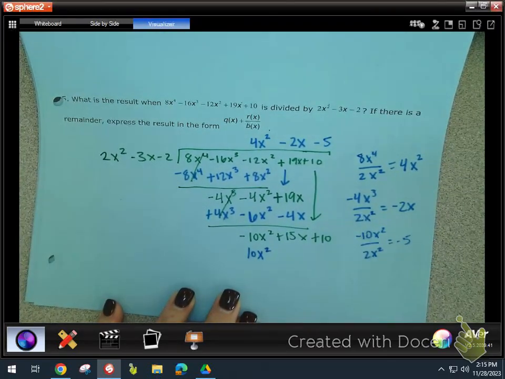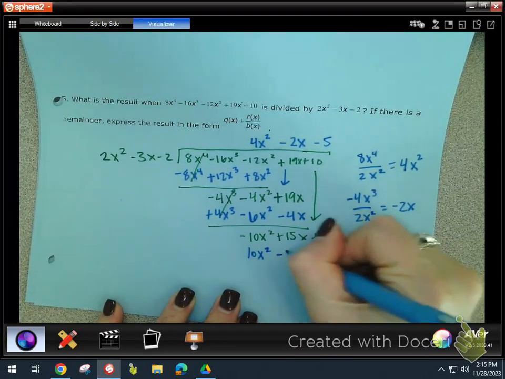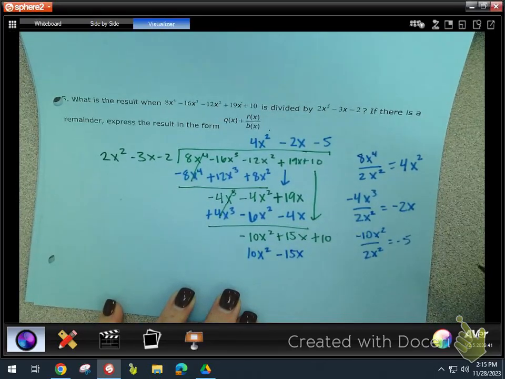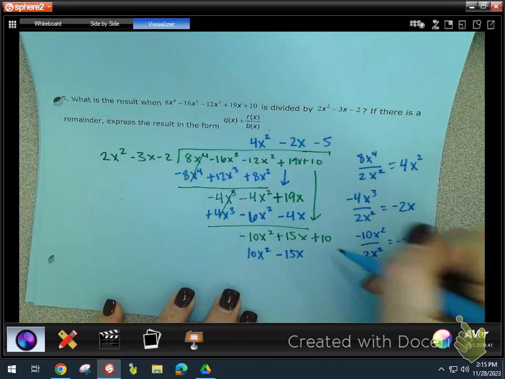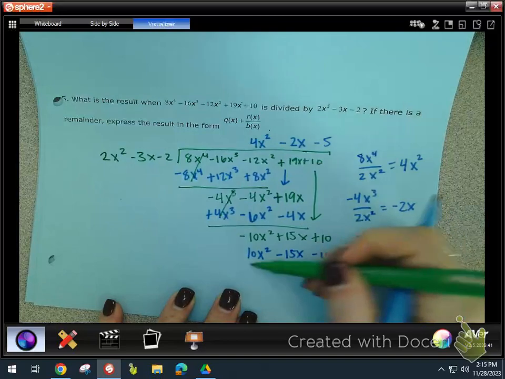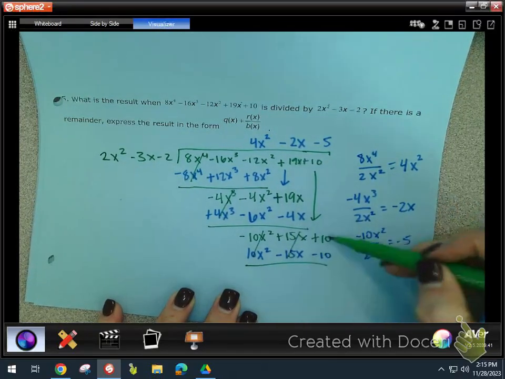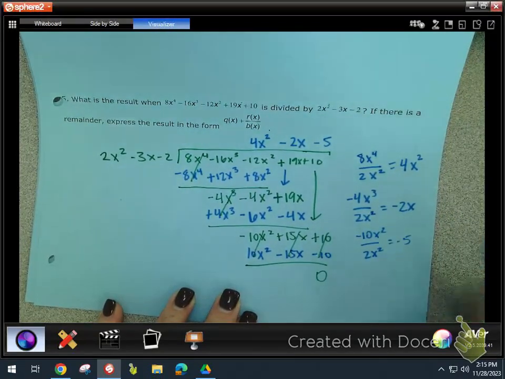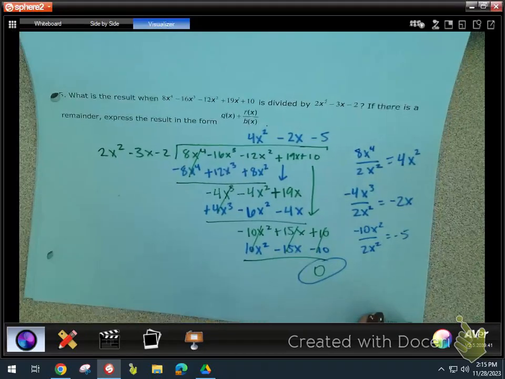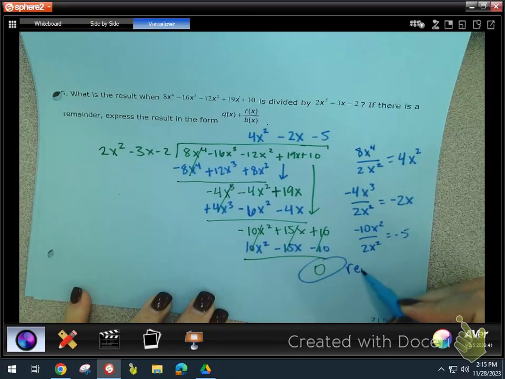Squared. Positive 15x, negative 15x. Positive 10, negative 10. And don't let it freak you out because it says if there is a remainder, that doesn't necessarily mean there's going to be. There is not in this case.